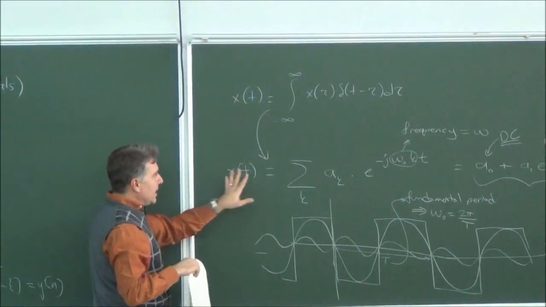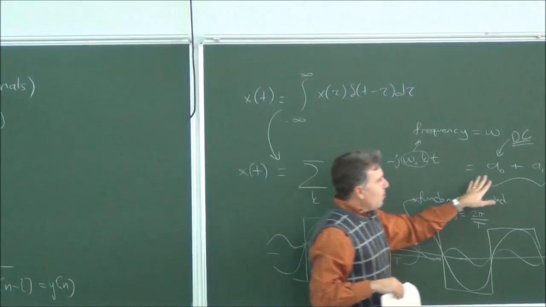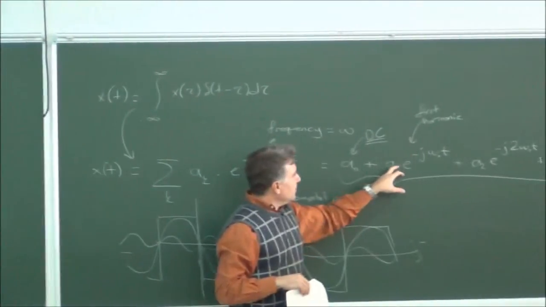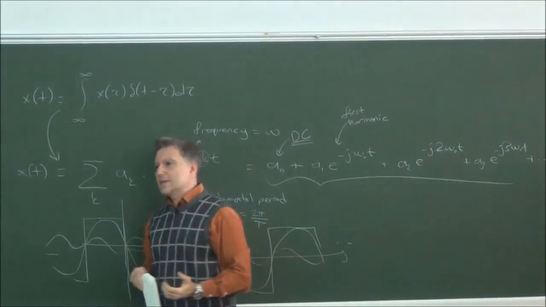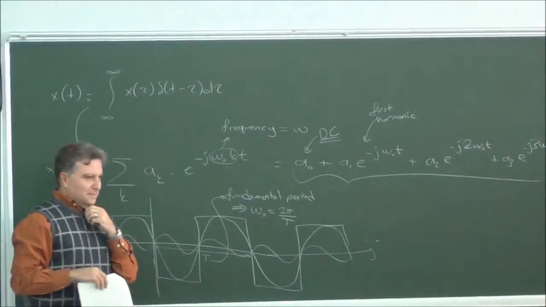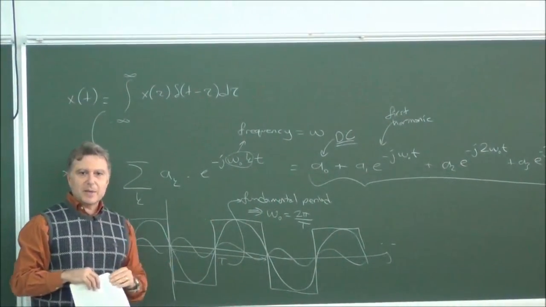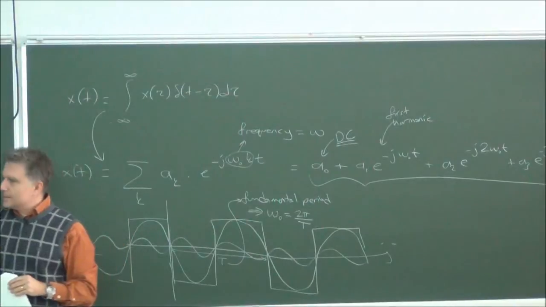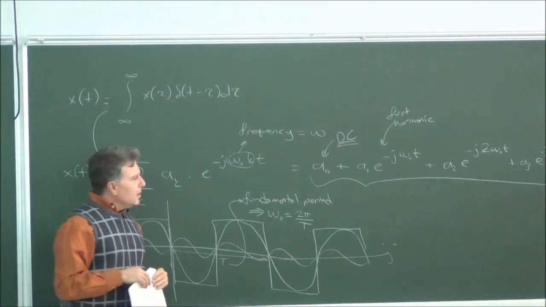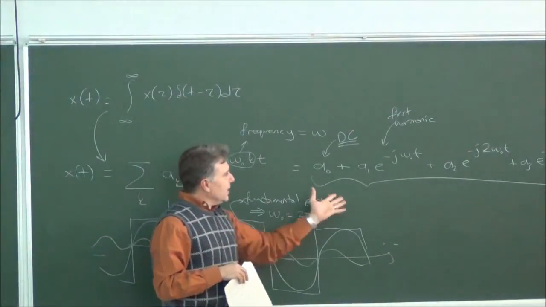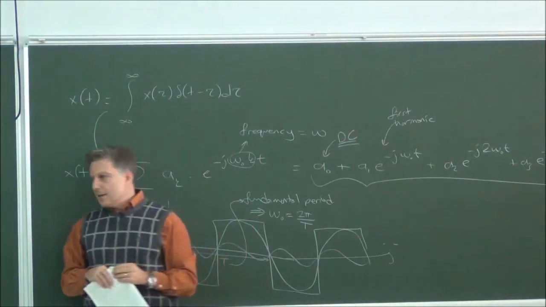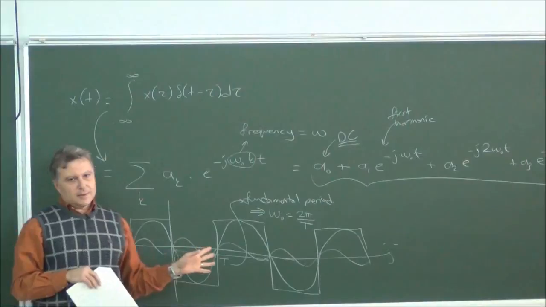We are getting an x of t by combining scaled versions of sinusoids at different frequencies. But why do we do that? What's the matter with us? We already have that representation. So why are we just struggling to get just another representation? There are so many reasons to do that.